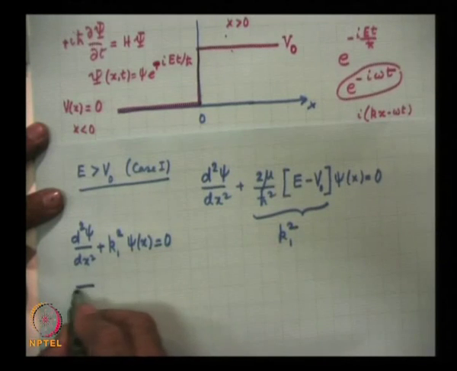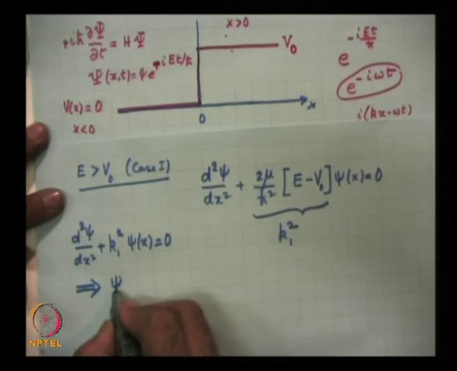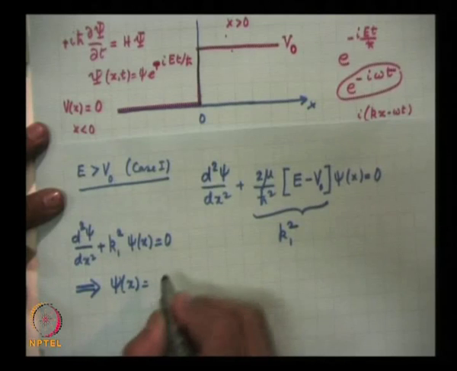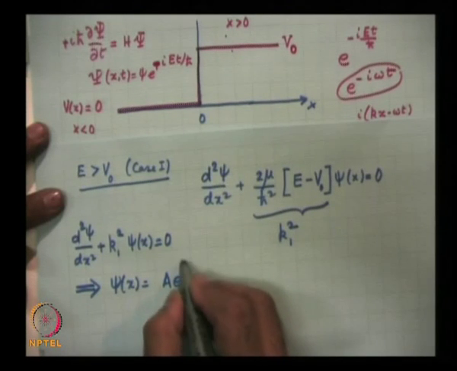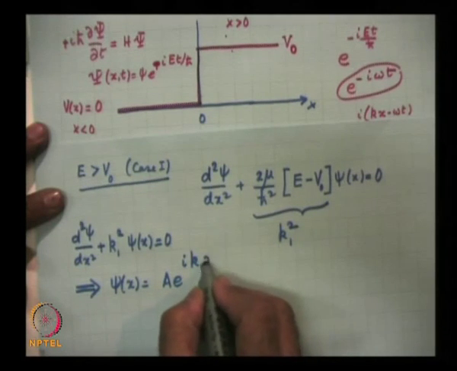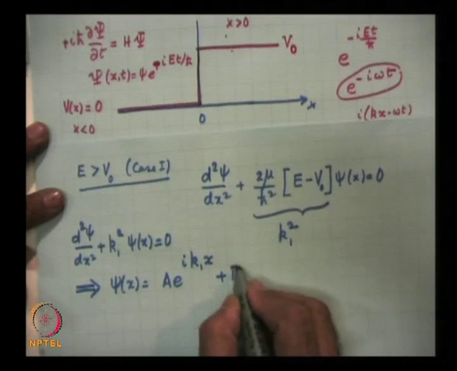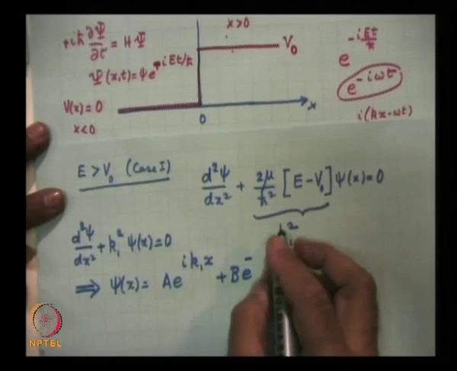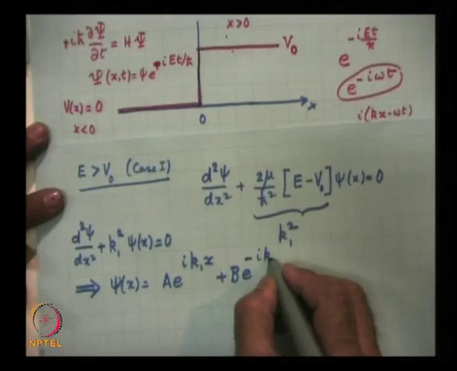Again, I will have two solutions. Psi of x is equal to A e to the power of i k 1 x plus B e to the power of minus i k 1 x.